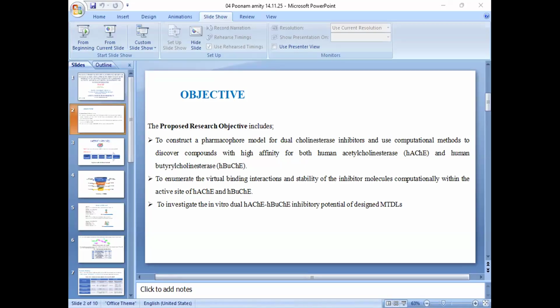The database which I chose for this work was the Zinc database. Approximately 125,000 molecules were there in the Zinc database, out of which after virtual screening, 85 and 86 respectively for acetylcholinesterase and butyrylcholinesterase were chosen.